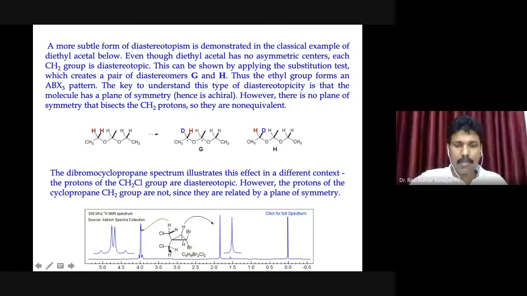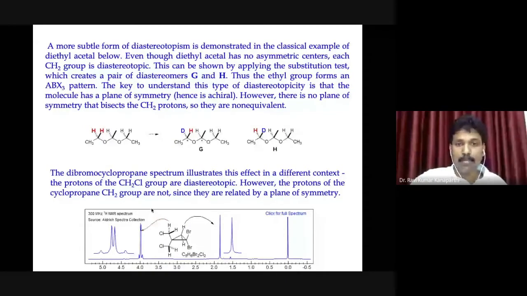There is a substitution, and these CH2 protons are usually called diastereotopic because of the diastereomeric nature, whereas these two protons do not, because they have a symmetry element. Okay, a plane of symmetry is there, therefore if you bisect the molecule like this, it has a symmetry, so we don't call these two protons which are part of the propane ring diastereotopic protons, whereas these two protons are called diastereotopic.